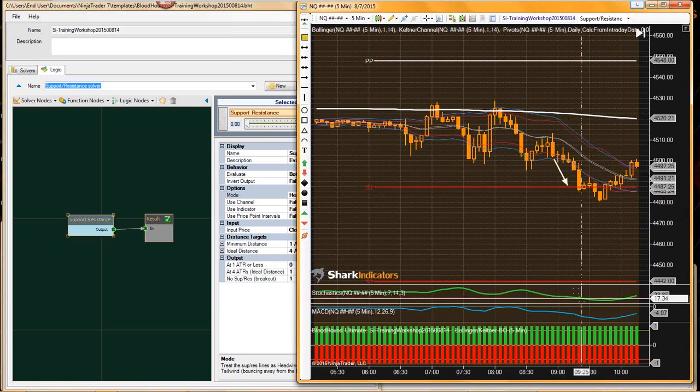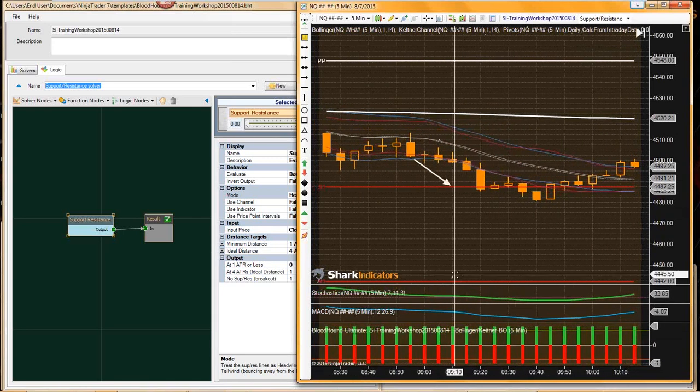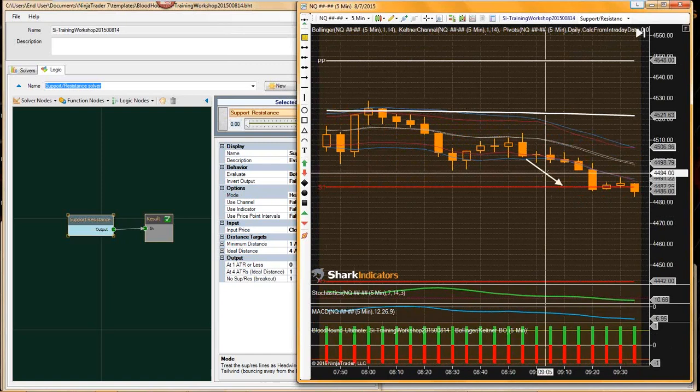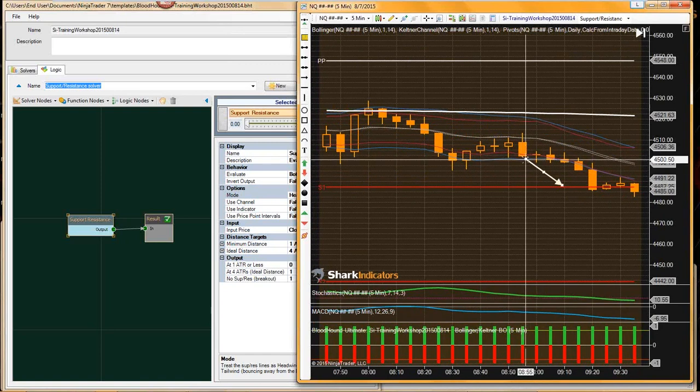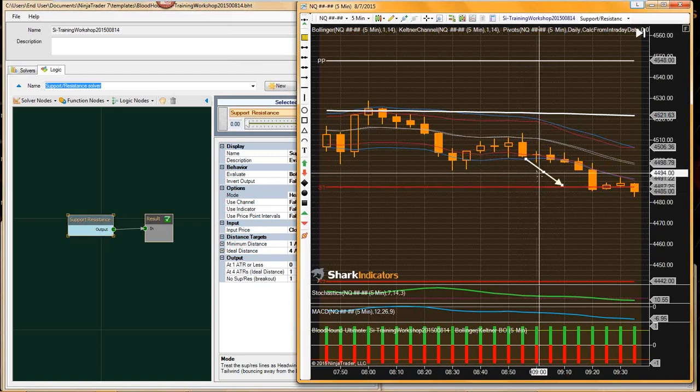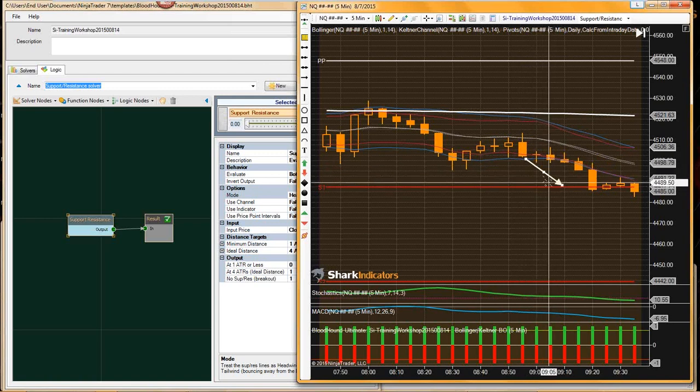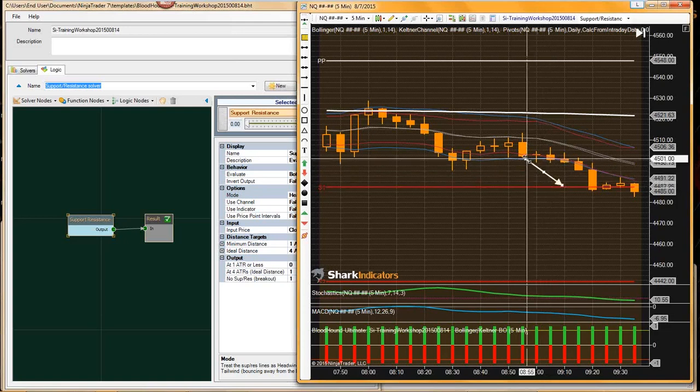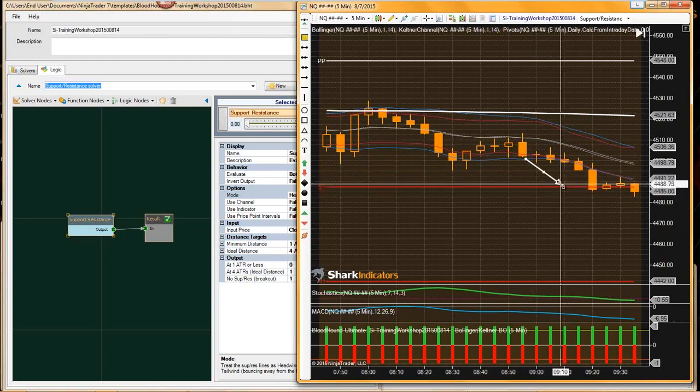Well, we have support right below us. A lot of ways that people use support resistance is to check how close price is to the nearest support line, right? Because you don't want to trade right into a support line. So you want to know, is there enough room to take a trade into the closest support line, like what we have right here?